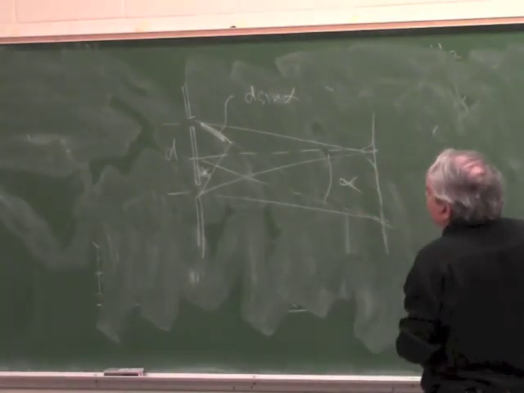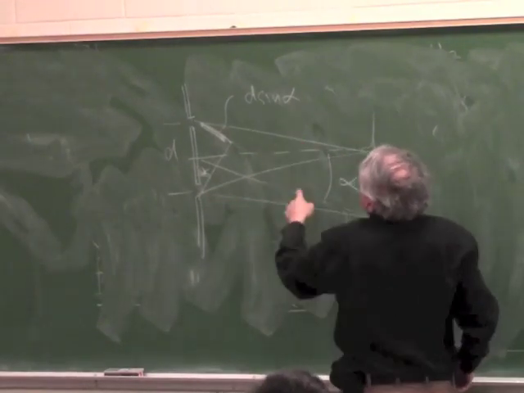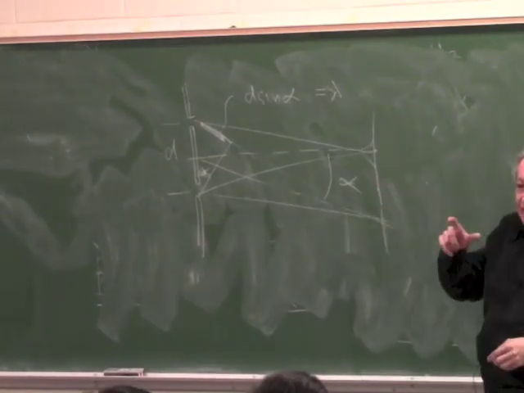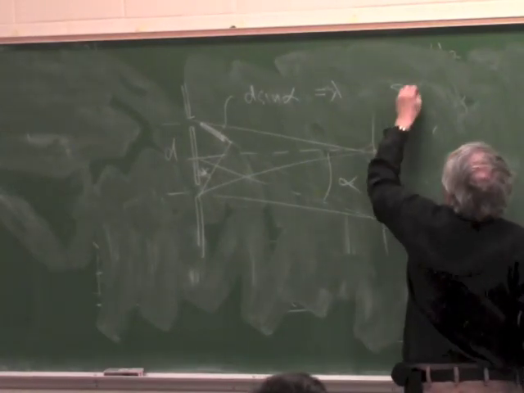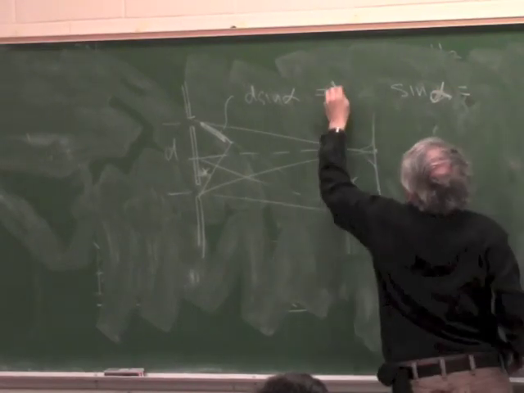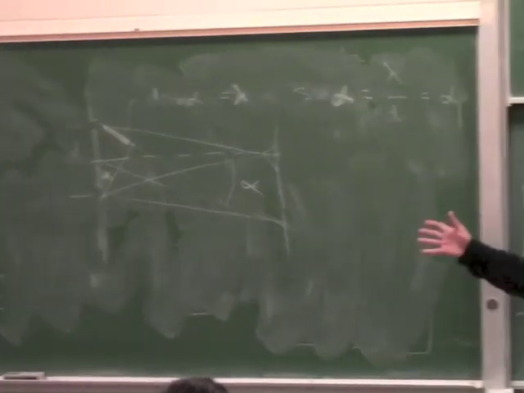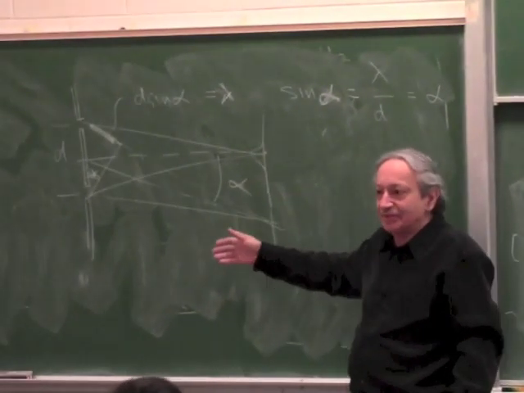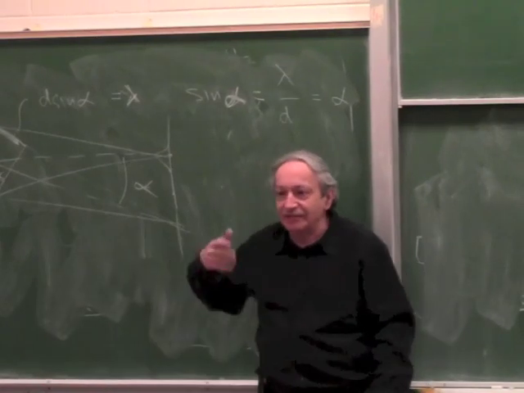Because of this, d sine alpha has to equal lambda in order to get a path difference of one wave. So sine alpha is lambda over d, and for small angles it also equals alpha. It's as simple as that. It just takes 5 seconds to derive the equation for a diffraction grating. But you should remember that, so if you ever forget the answer, you can rederive it.